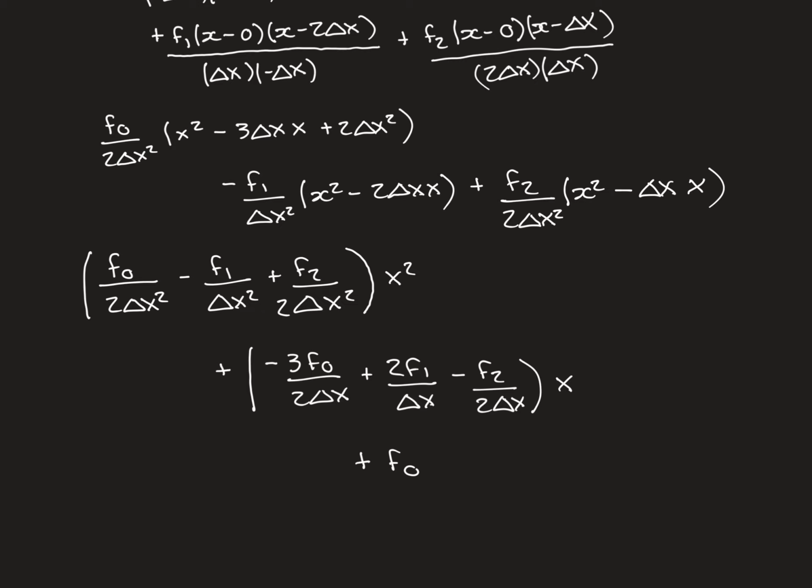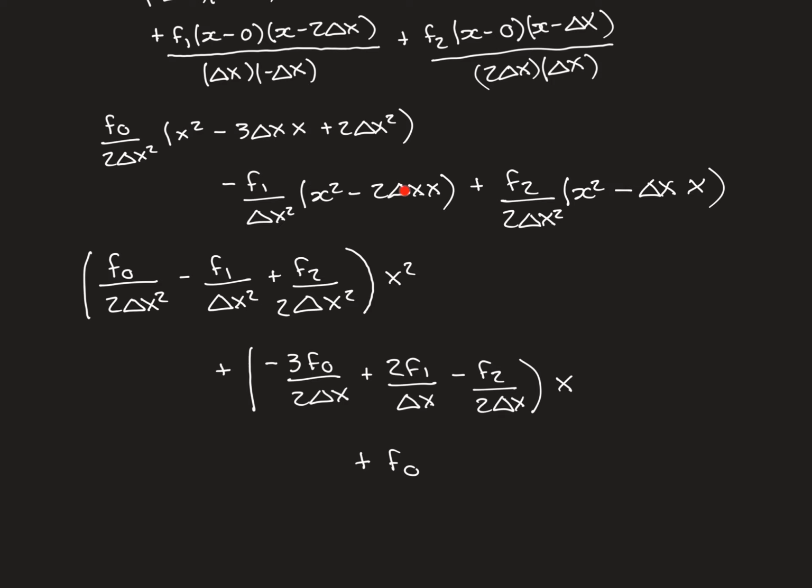Then we want to collect the x terms together, so these three, and again we'll factor out the x, so we've got the x here. So term number 1, this is a bit more confusing because things are going to cancel, so we've got a negative sign, annoyingly. So we're going to get minus 3 times f0 over the 2's from there, and then the delta x cancels with one of the delta x's from here, so it's just over delta x now rather than over delta x squared.